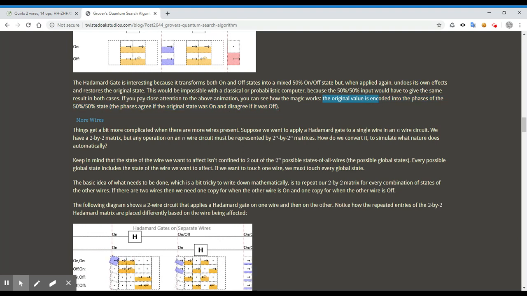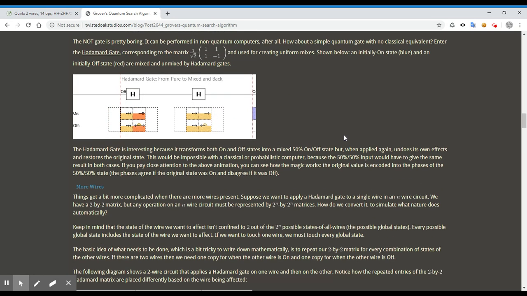Basically it says the original value is in... so how the magic works. Exactly. The original value of your state is now encoded after a Hadamard into the phases of the state.